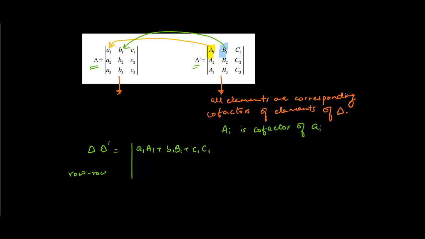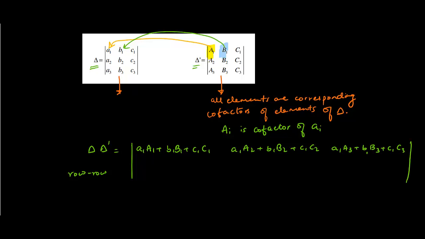Then you have small a1 into capital A2 plus b1 capital B2 plus c1 capital C2. Then you have a1 capital A3 plus b1 capital B3 plus c1 capital C3.